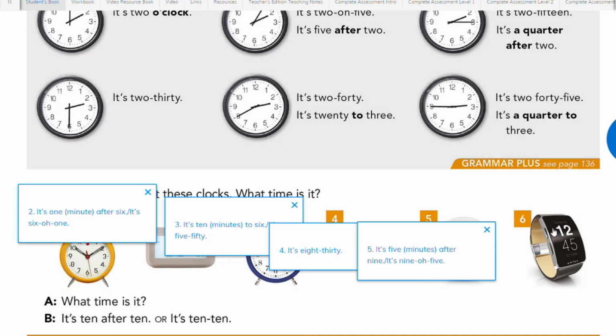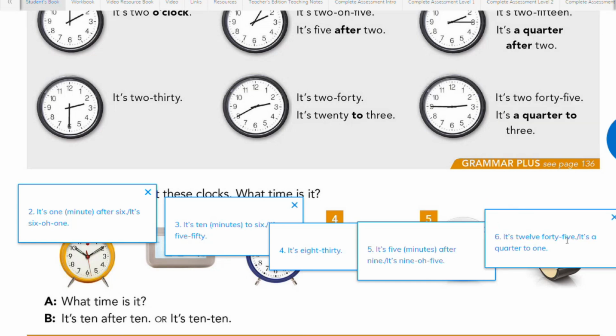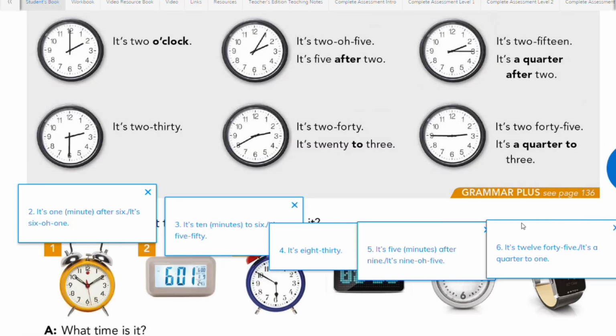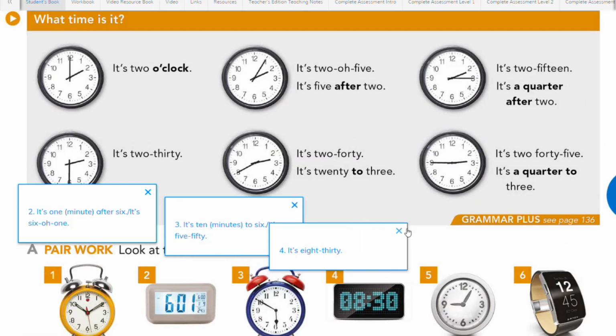Or 15 minutes to 1. Or it's 1:15. Let me check it out. It's 1:15. Absolutely.